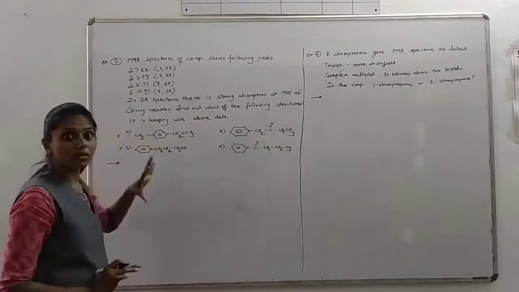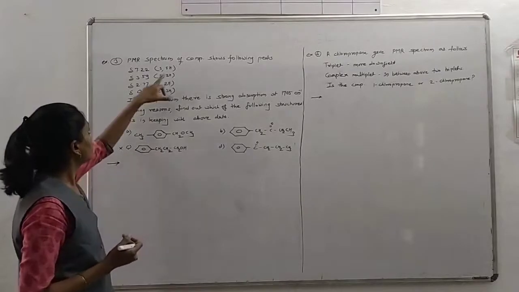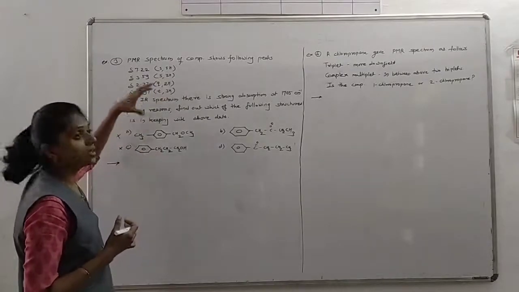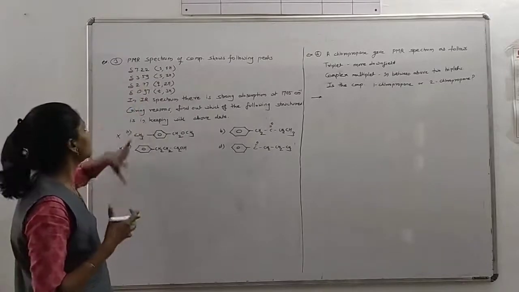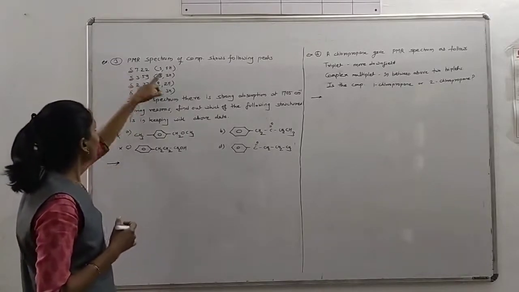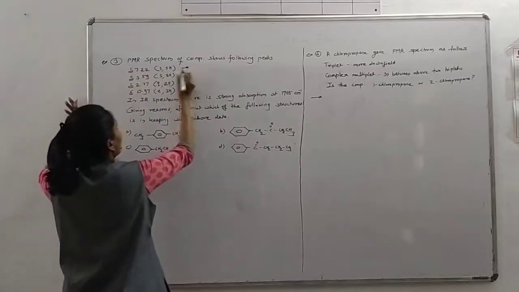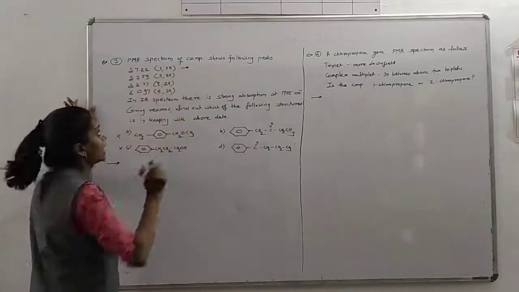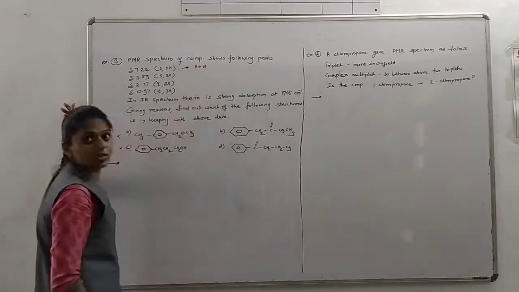Now, as our second criterion, we apply the position and then the splitting. Here 5 protons give a singlet at 7.2, which means these 5 protons are aromatic protons.